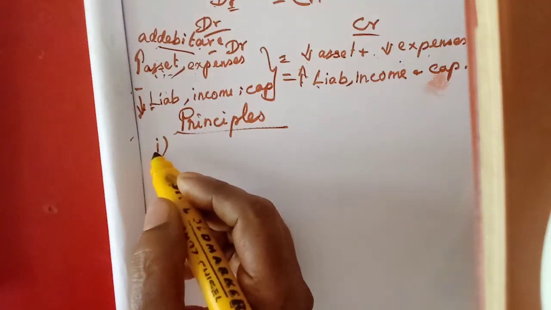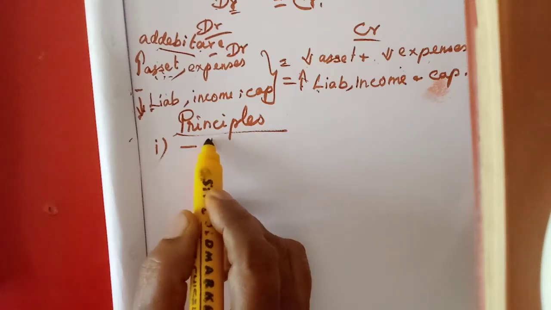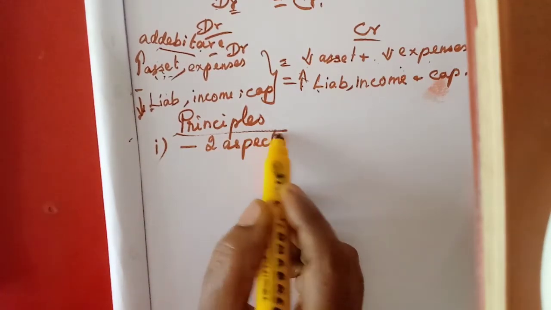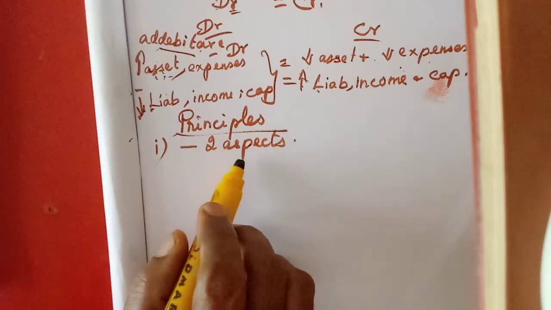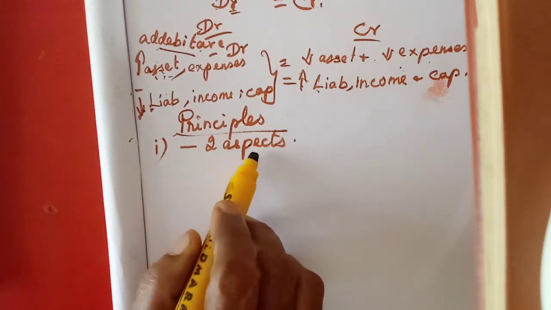What I have told you, for each and every business transaction, there are two aspects. That is the first principle. For every financial transaction or every business transaction, there are two aspects.